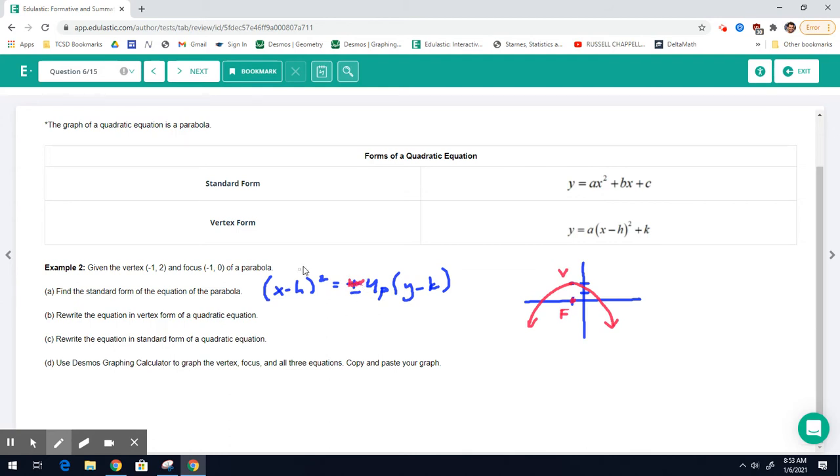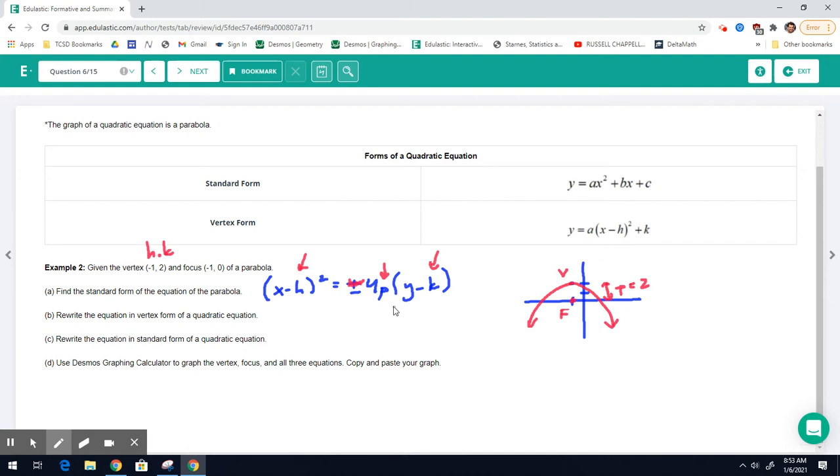So what we need is our h and our k, which is just our vertex. So here's my h and my k. And then you need the p-value. Remember, the p-value is the distance between the vertex and the focus. Well, we could just count that. That's a distance of 2. So your p-value is going to be 2.